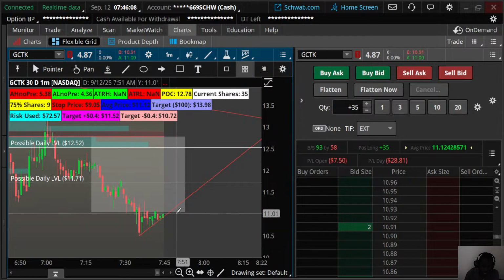It's flat top right there, 1101s, making a lower high than where we were in. $10.50.